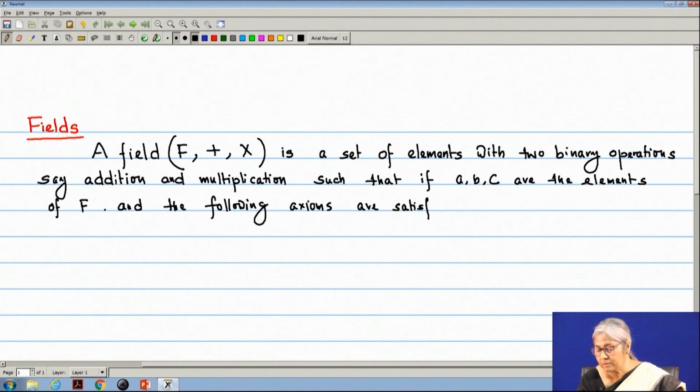These axioms are the properties, mainly closure, associativity, the identity element must be there, and when we are considering two binary operations, then the distributive property must hold.